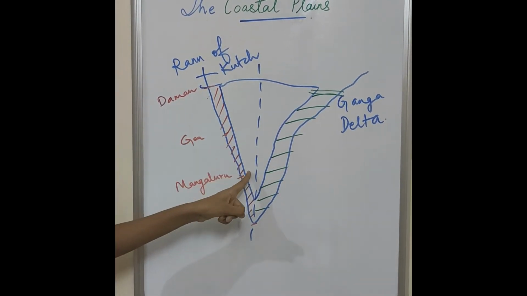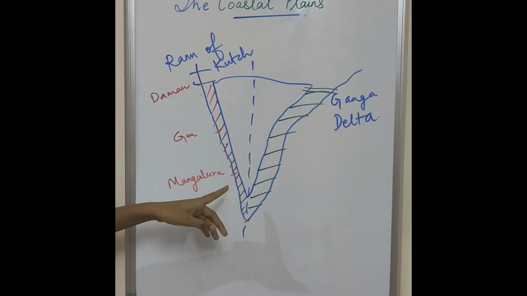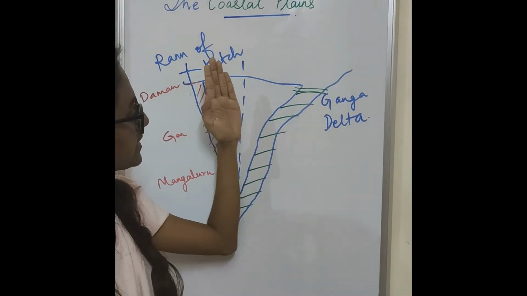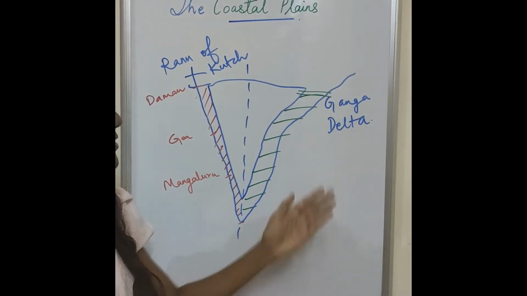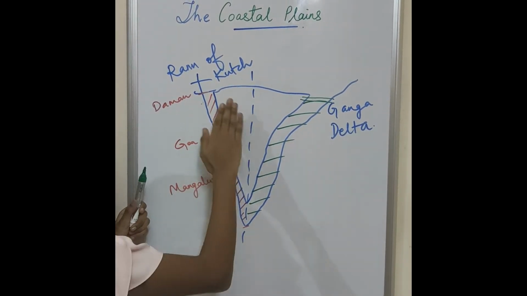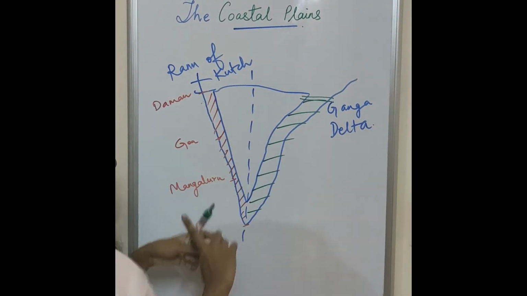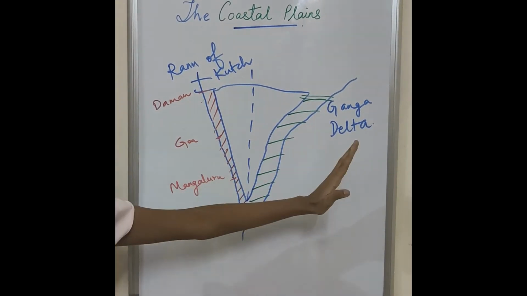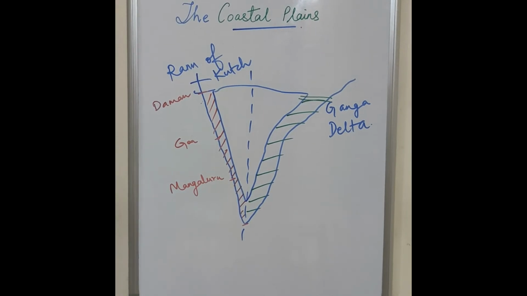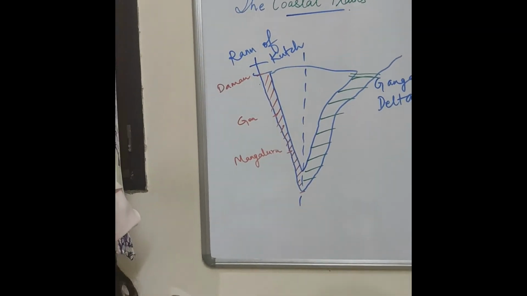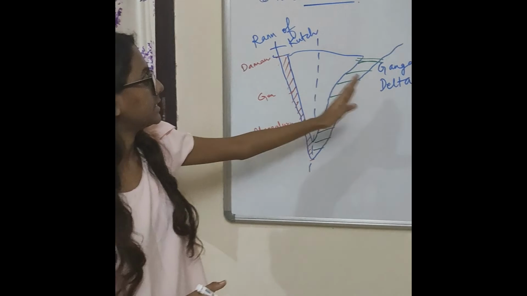Now the Peninsular Plateau, actually it slopes, okay, it slopes from the west to east. So it's not exactly a flat table land, it slightly slopes. So there are many east flowing rivers, okay. Some of them are Krishna, Godavari, Kaveri and Mahanadi.